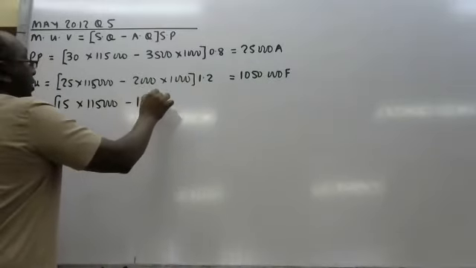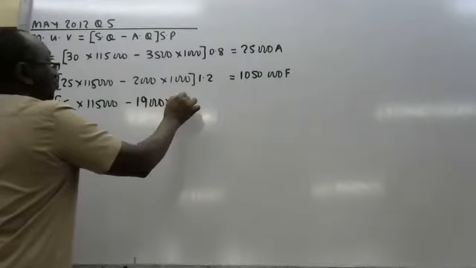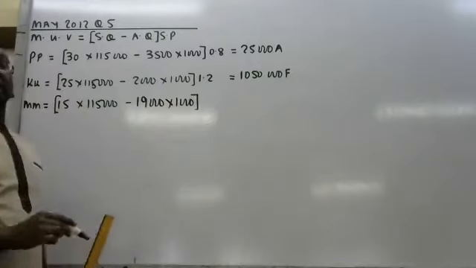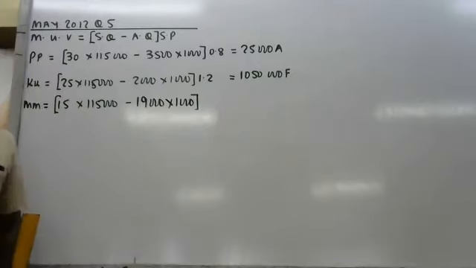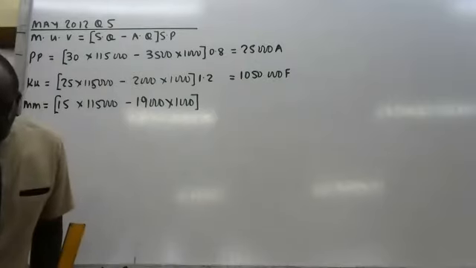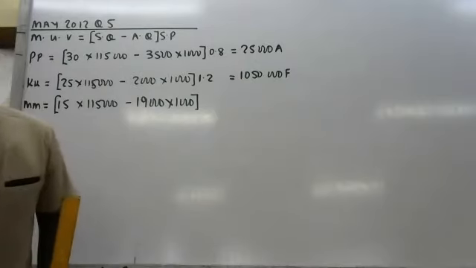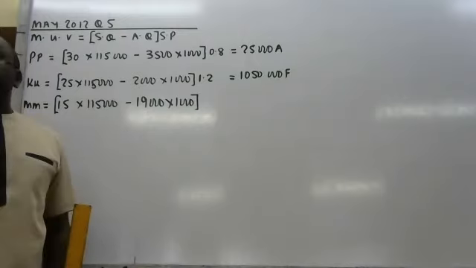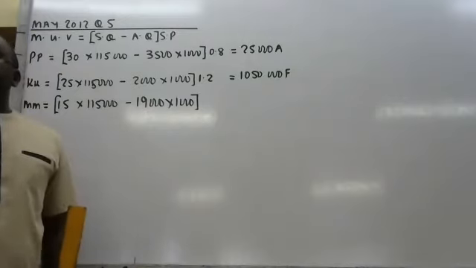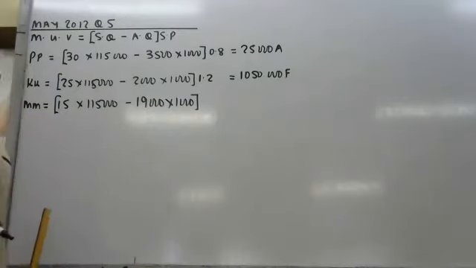Is it reading 19,000? Times 1,000. 19,000 or 1,900? I know the question had errors from the beginning. What is appearing in your book? 19,000. Let's go with it, but it's weird.